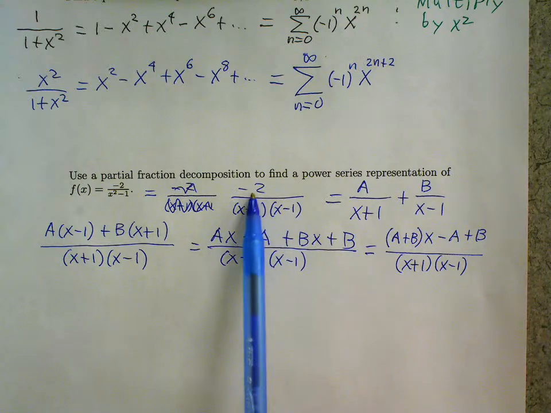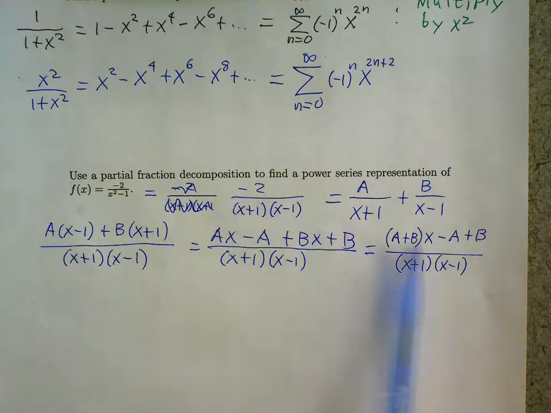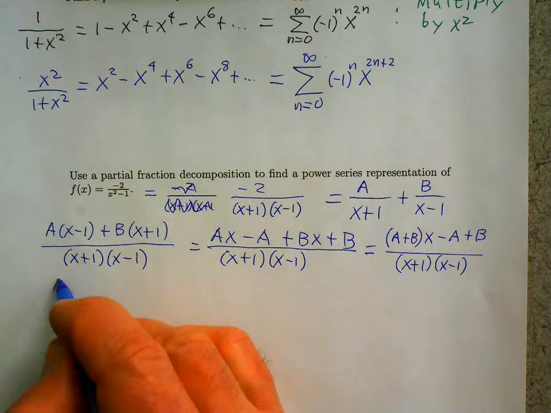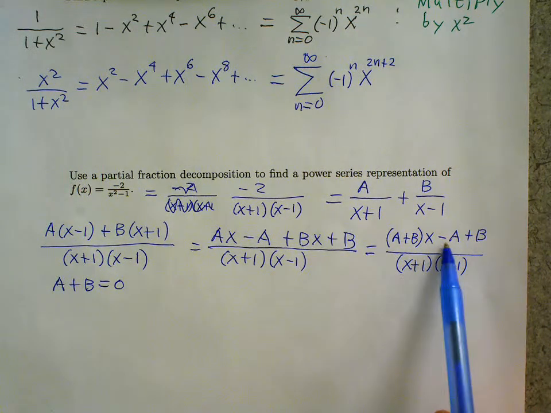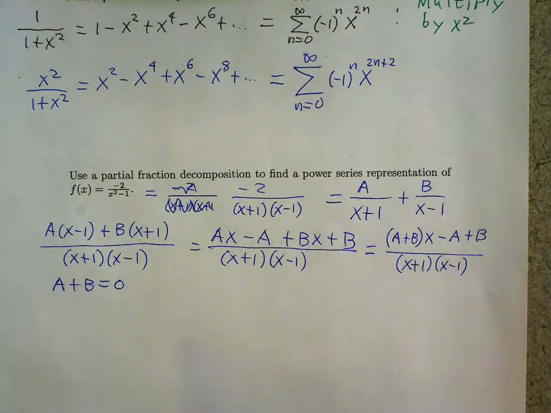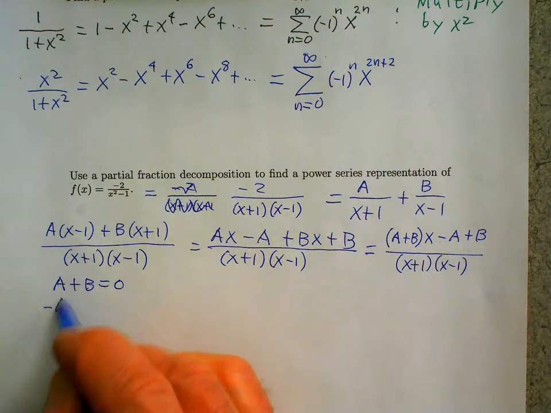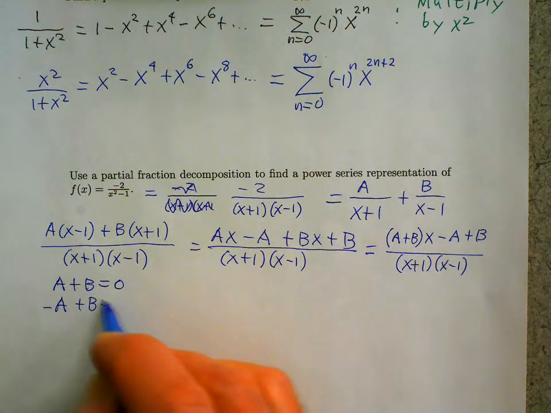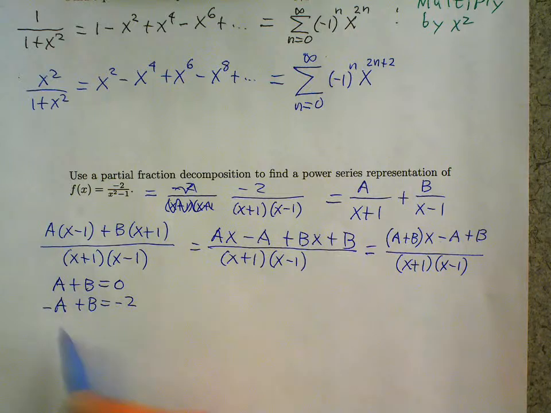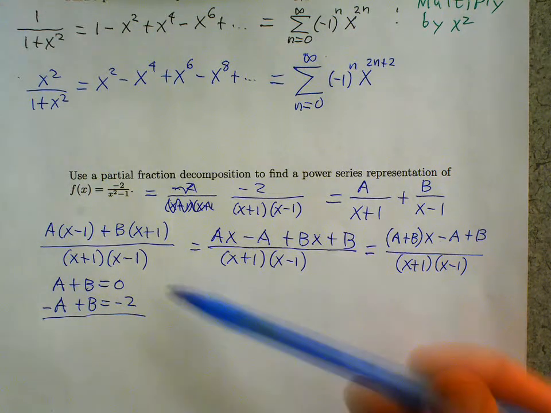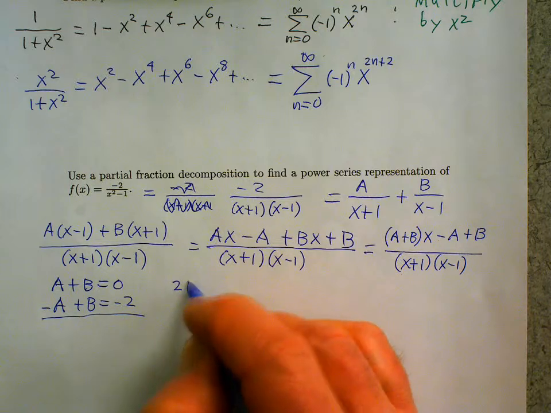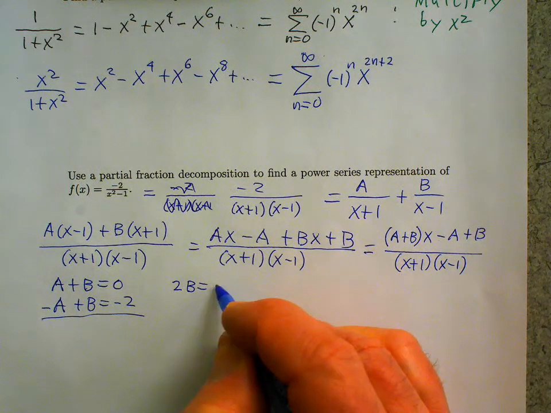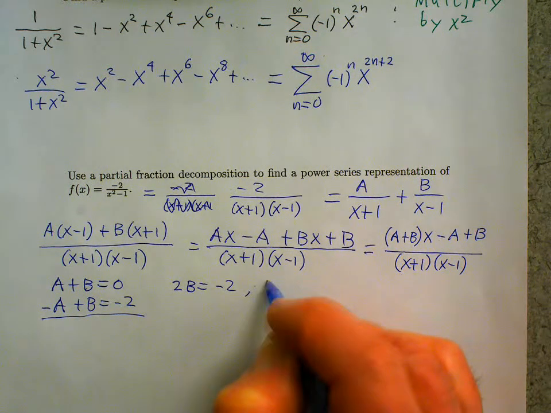Well, since the numerator is equal to -2, it must be the case that a plus b is 0. And -a plus b has to add up to -2. So -a plus b equals -2. When we add these two equations together, the a is eliminated, and we get 2b equals -2, or b equals -1.